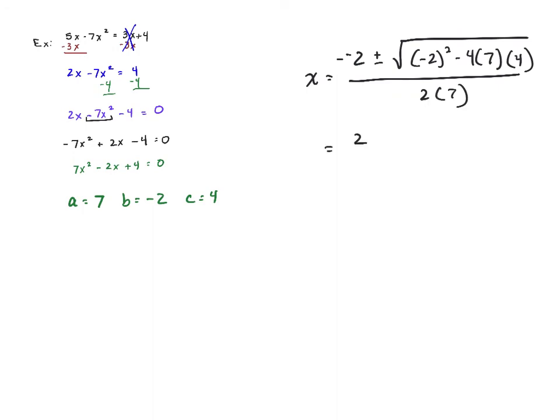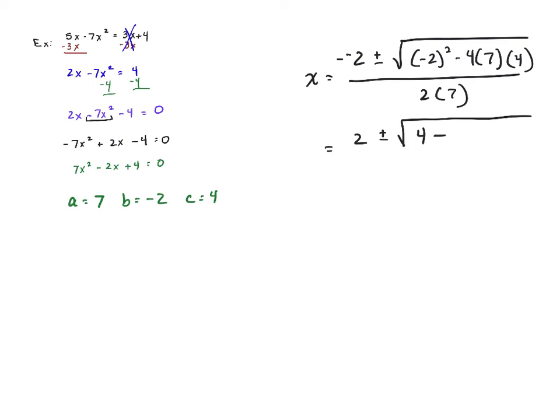Negative of -2 is a +2, positive. Squaring the negative makes it positive. I've got a negative times a positive times a positive, so it's going to be a minus sign, negative.